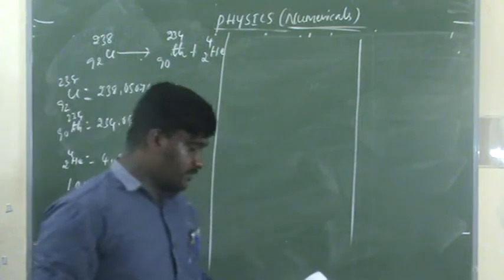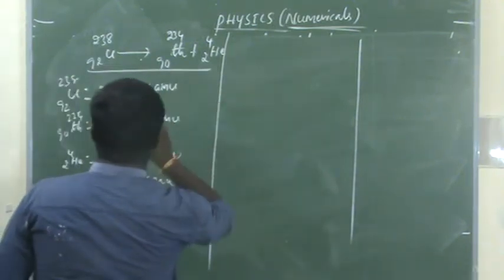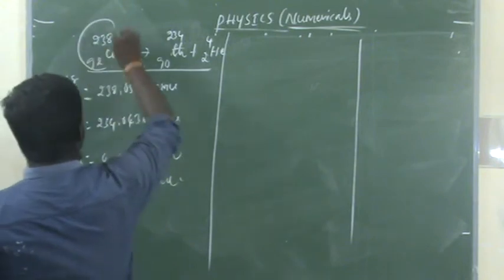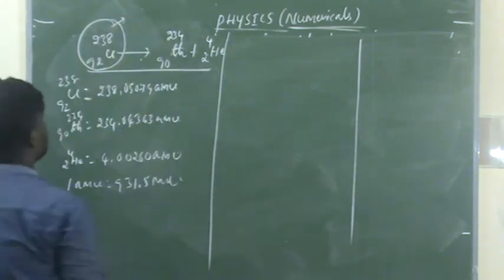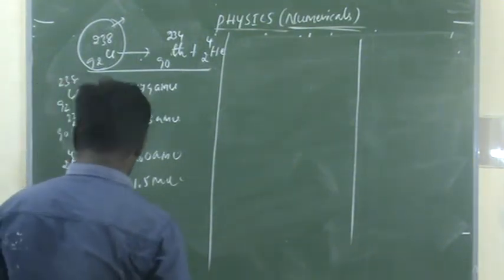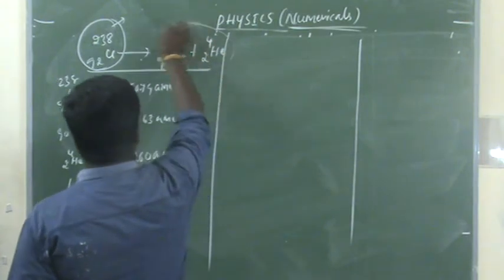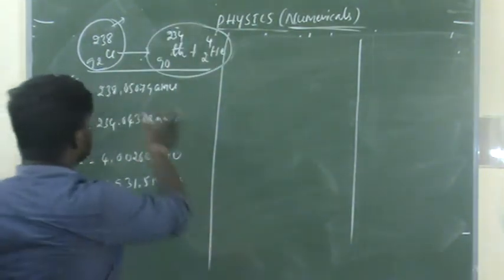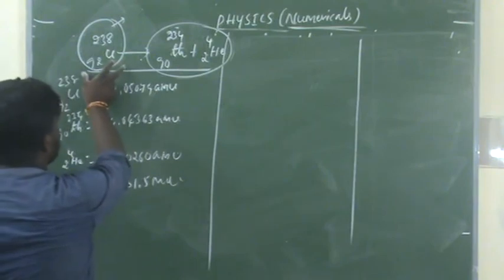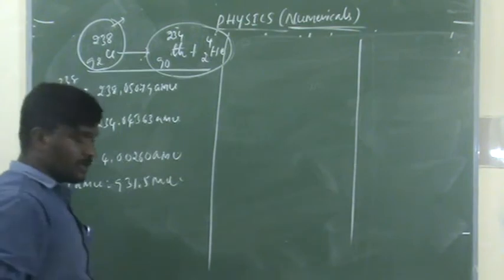So first observe this equation. This is the parent nucleus. These are the daughter nuclei. So what do we call this? Parent nucleus, and these are the daughter nucleus.